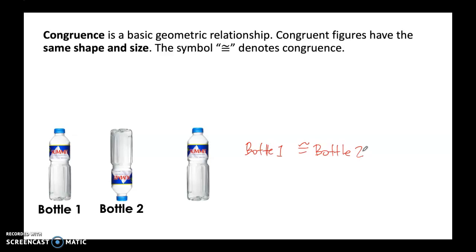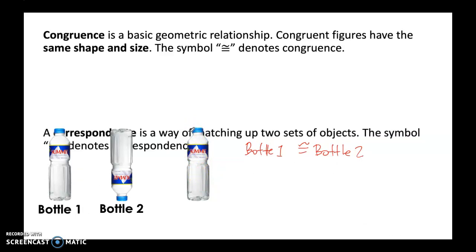Again, if they are the same shape and size, they are congruent. How can we do that? We coincide or overlap the two figures, and if they coincide or perfectly fit to each other, they are congruent.